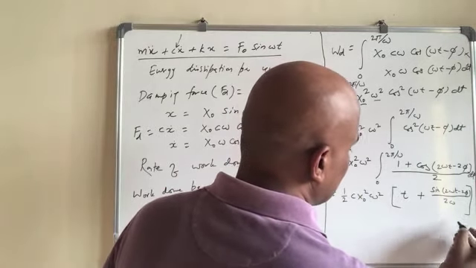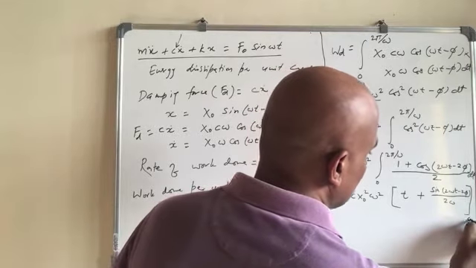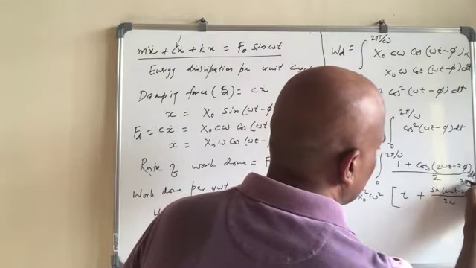So we have to integrate, so this will be 0 to 2 pi over omega here.